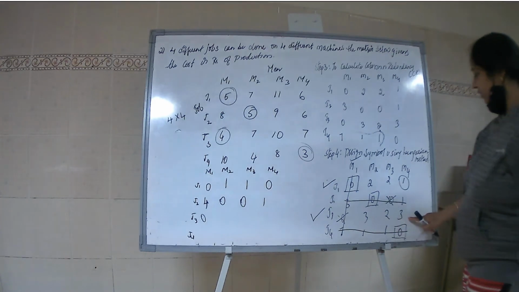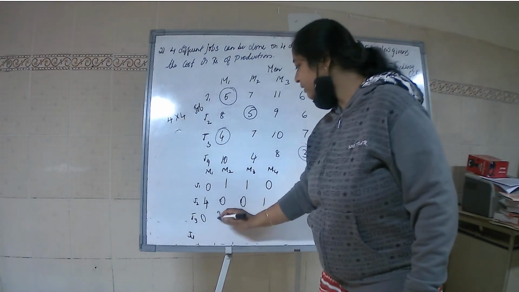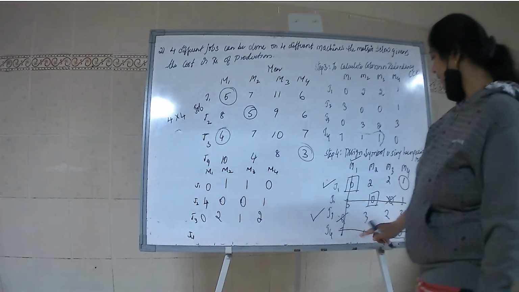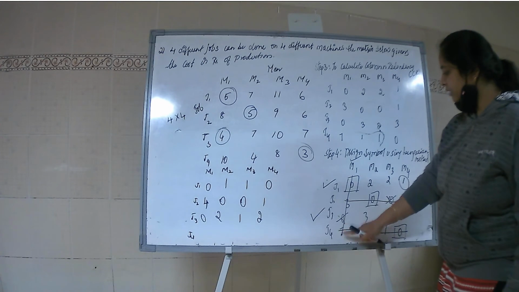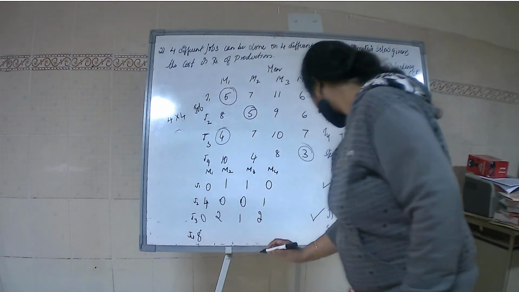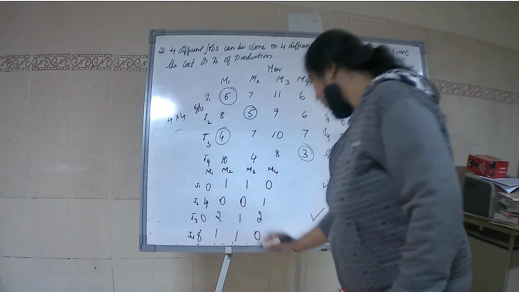Then no strike, so you have to subtract. That is 3 minus 1 is 2, 1, 2. And the last one is 7. So it is an intersection, you should add, 8. Here it is 1, 1 and 0.